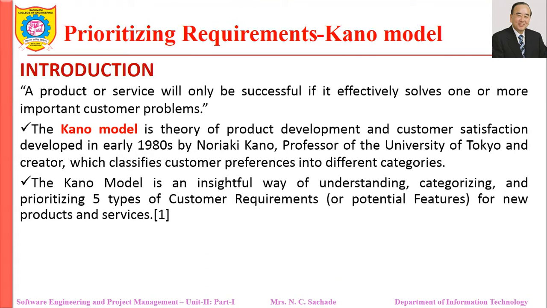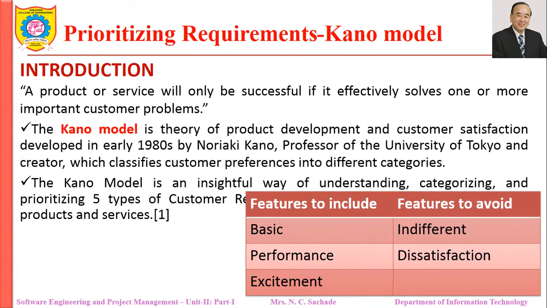So, the Kano model is an insightful way of understanding, categorizing, and prioritizing 5 types of customer requirements, which are the potential features for new products and services. So, what are those 5 categories? There are 3 categories which come under features to be included and 2 under features to be avoided.